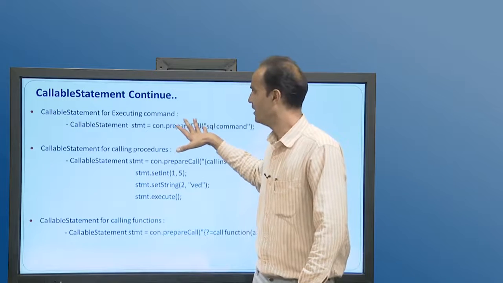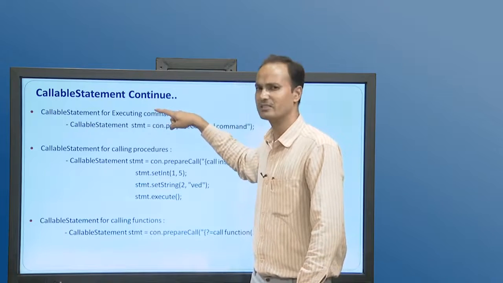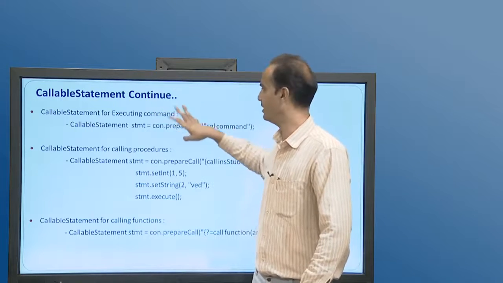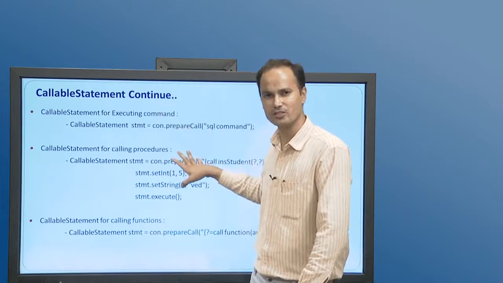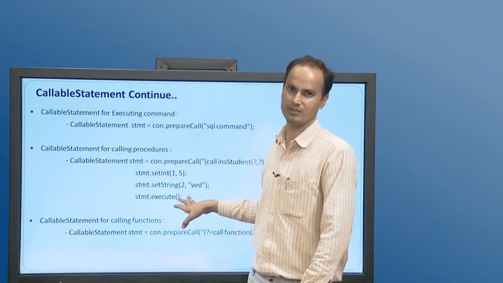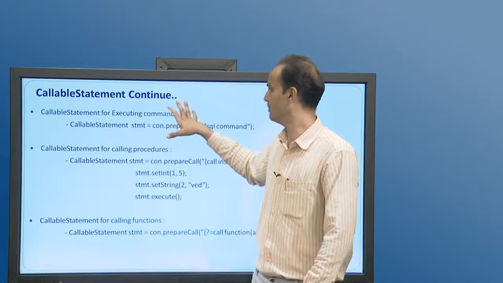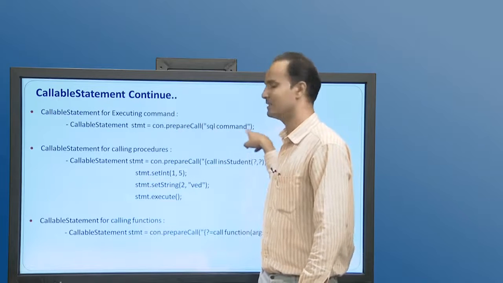Callable statement is generally used for three kinds of purposes: to execute a command, to execute a stored procedure, and to execute a function. For a SQL command, we will use the SQL command as an argument.